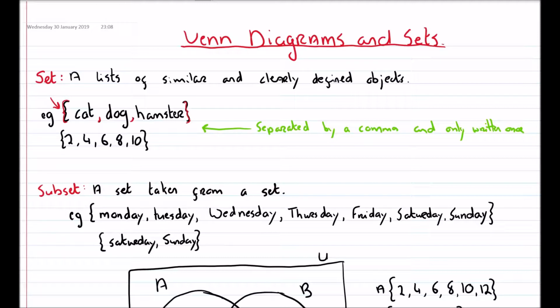And an object will never appear twice, so in this set, 2, 4, 6, 8, 10, I will never have another 2 in there. It'll only appear once.